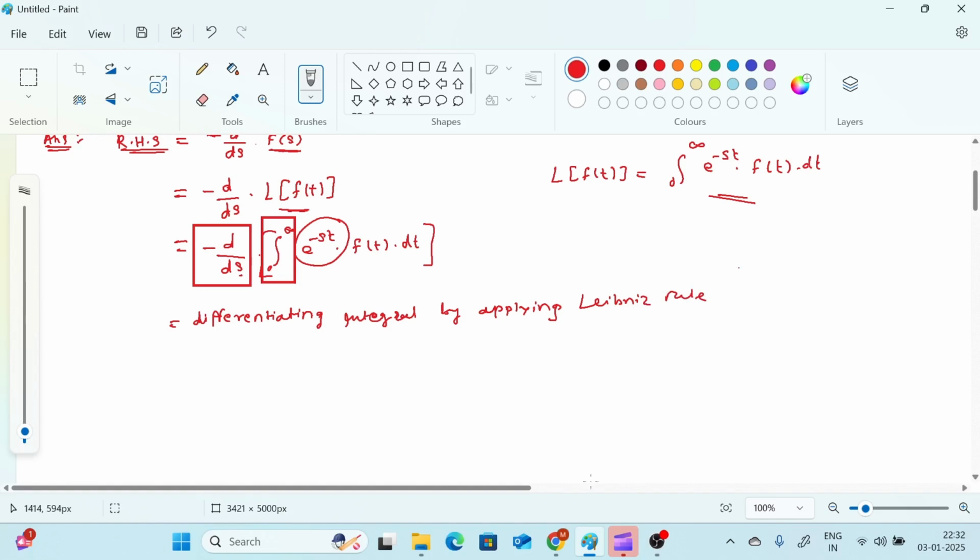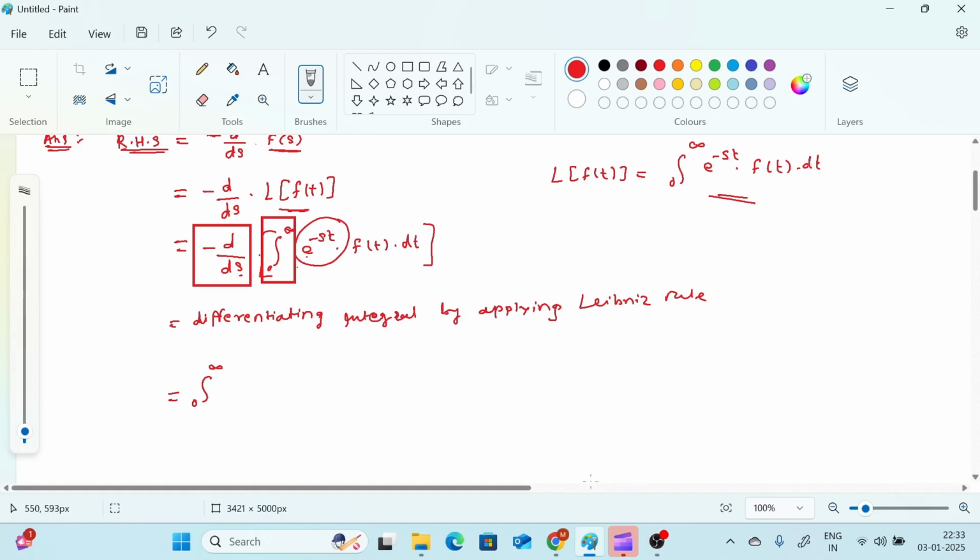So we can write integration 0 to infinity, we have to differentiate e raised to minus st, so d by ds e raised to minus st.